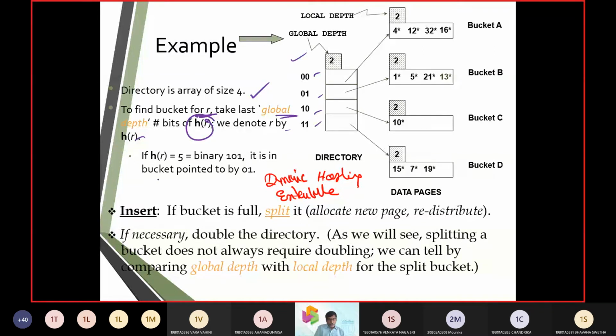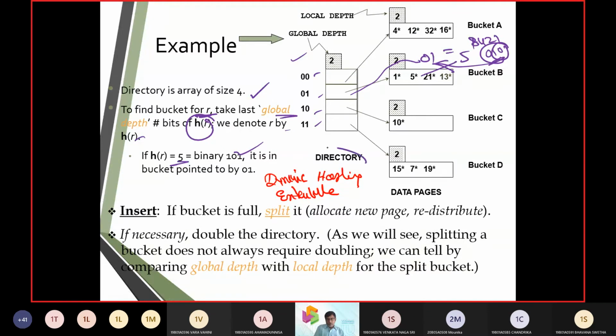And then h of r, how it is going to be denoted. So here it is 0, 1. Then I take 5, 8, 4, 2, 1. So 5 I can take it as 0, 1, 0, 1. So the last two positions are compared here. We make an equality of such elements. So that is the reason why 5 was in the second bucket.